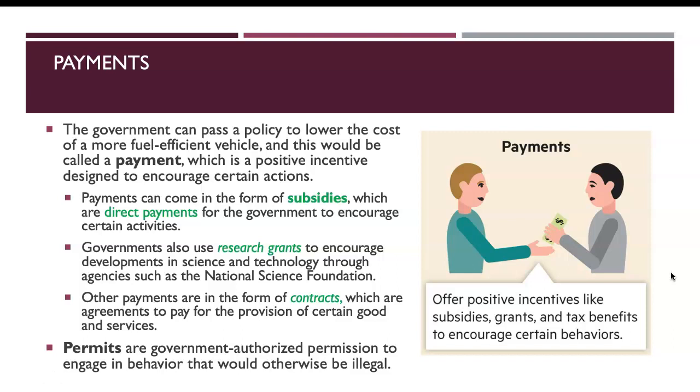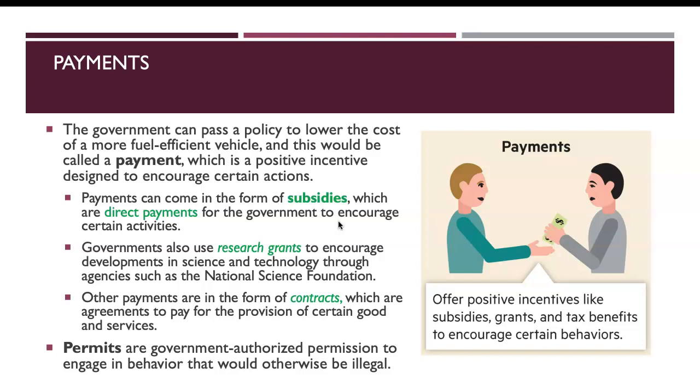Payments. This is a very straightforward picture, right? It involves something with money. A form of payment could be subsidies, tax credits, tax reductions, research grants, or contracts, and that is a positive incentive designed to encourage certain actions.